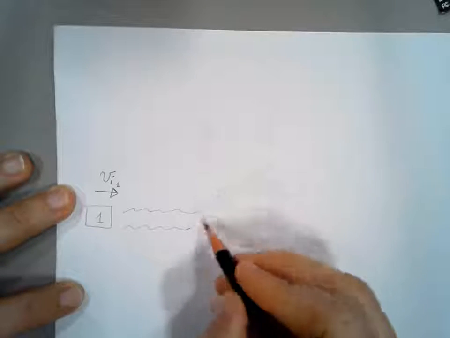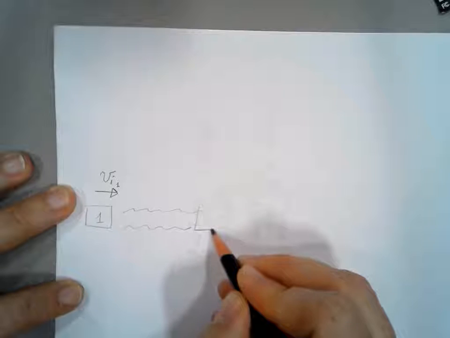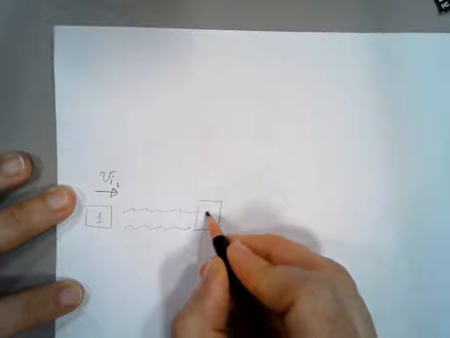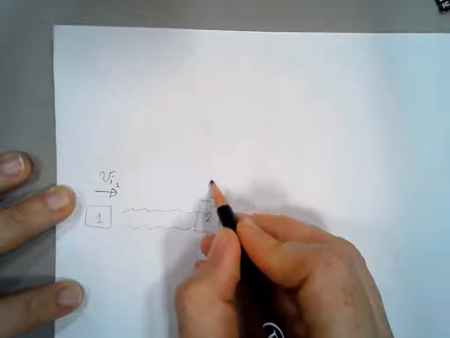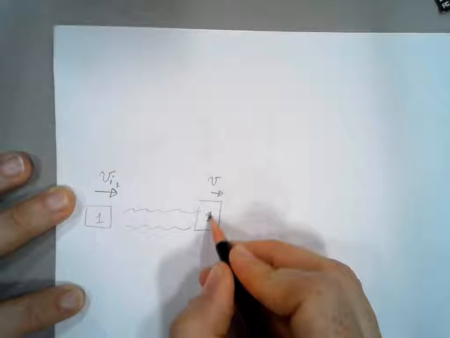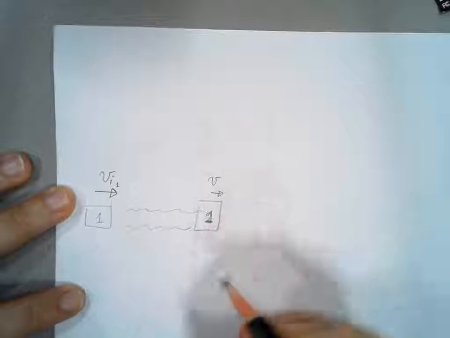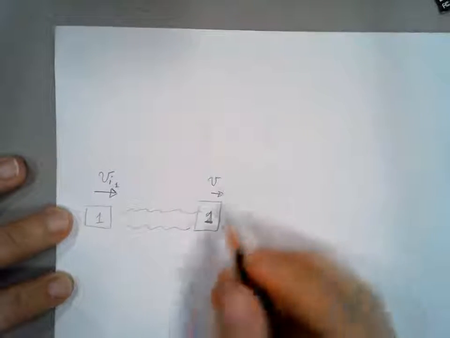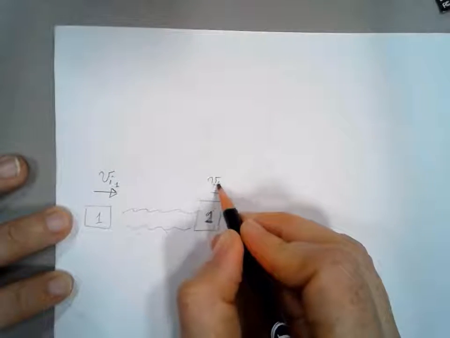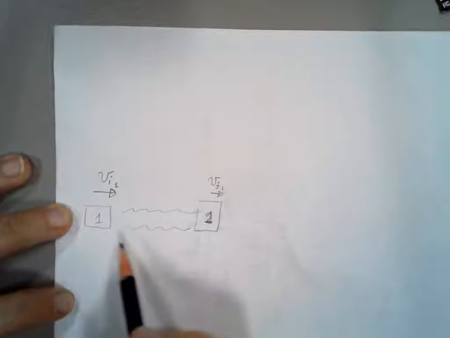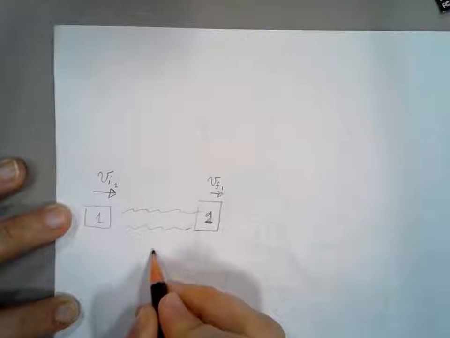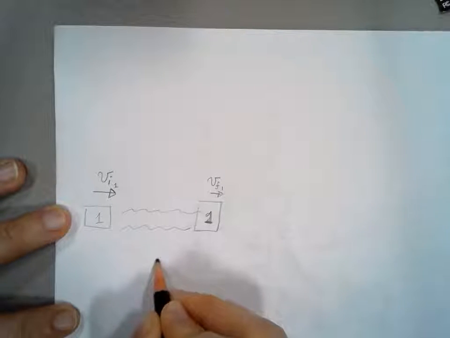It skidded, and right before it hit car 2, it was still moving, though not as fast. Sorry, that's still car 1. Before it hit car 2, it was still moving, but not as fast.